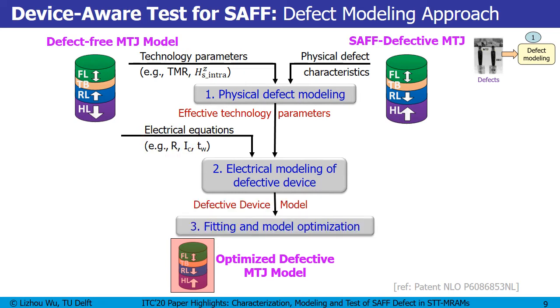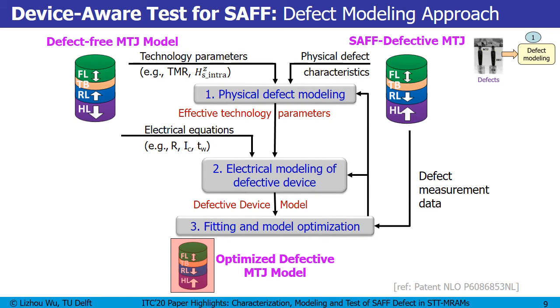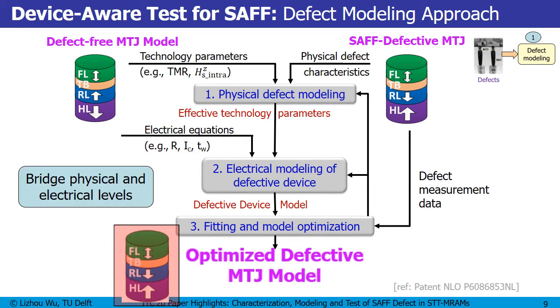The third step is fitting and model optimization. We can fit the defective device model to the measured silicon data, and by iterating this process, we can keep improving our device model, and this allows us to get an optimized defective MTJ model, which bridges the physical and the electrical levels.